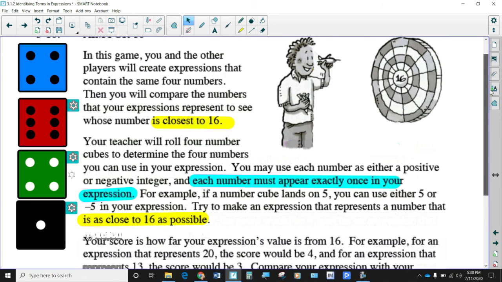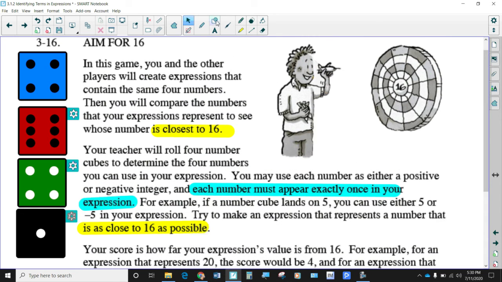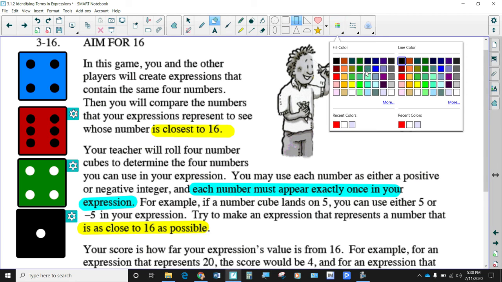Actually, you know what I'm going to do here? I'm going to create a little game board for us. Okay, sorry. Got to make some adjustments here.